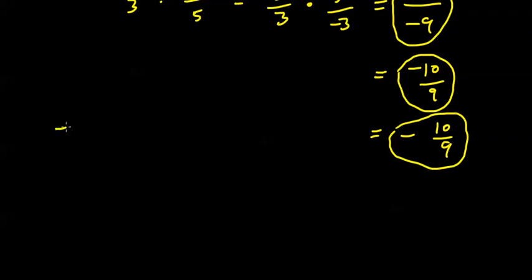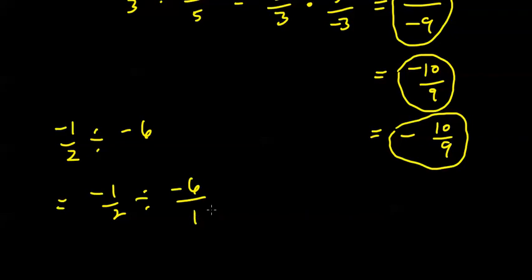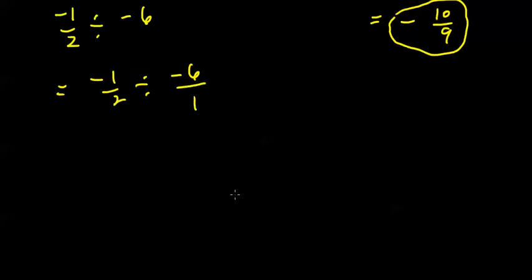How about minus 1/2 divided by minus 6? Well, how are we going to work this out? How are we going to keep, change, flip when there is no fraction visible in that second divisor slot? Well, of course, we all know that minus 6, a negative integer, has an invisible divisor of 1.